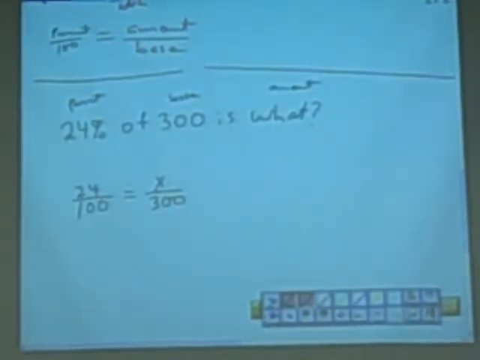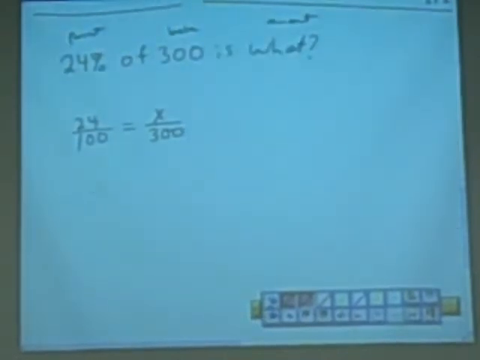Okay, so 24 over 100, that's going to be 0.24 equals x over 300. Now the 300 is dividing into the x, so we can multiply 300 to both sides.